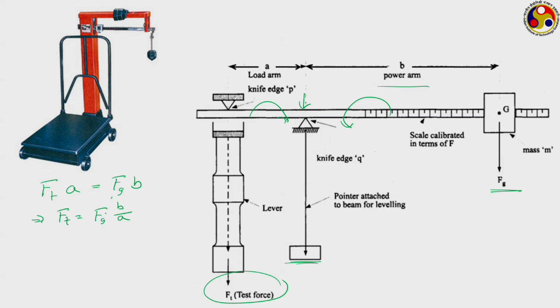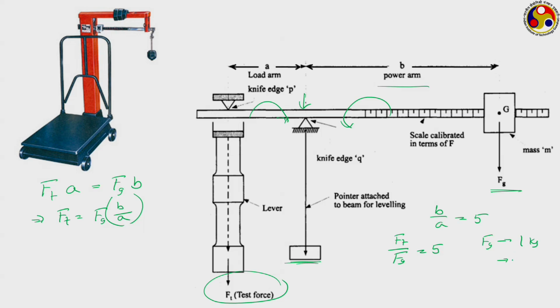That means this ratio B upon A is very important for the range of values of Ft that we can measure with this. For example, suppose your B by A is equal to 5, then we have Ft upon Fg is equal to 5. If Fg corresponds to a mass of 1 kg, how much force will 1 kg of mass lead to?